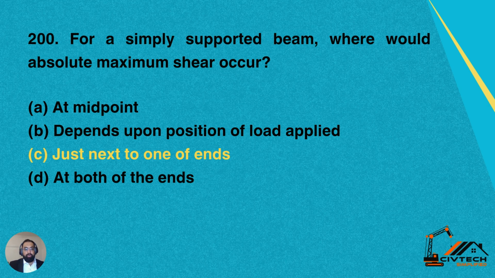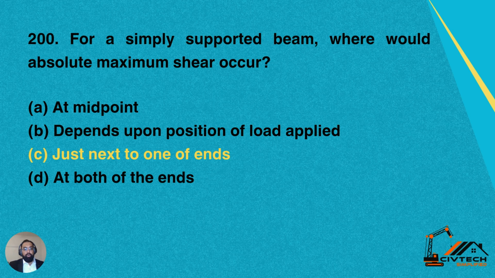Question number 200 and the last question for this video part. For a simply supported beam, where would absolute maximum shear occur? The earlier question was about a cantilever beam. Option A here is at midpoint. Option B, depends upon position of load applied.